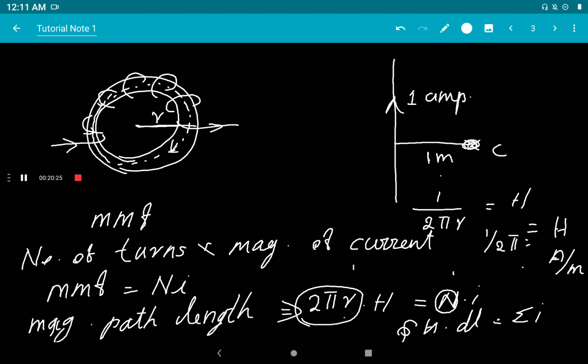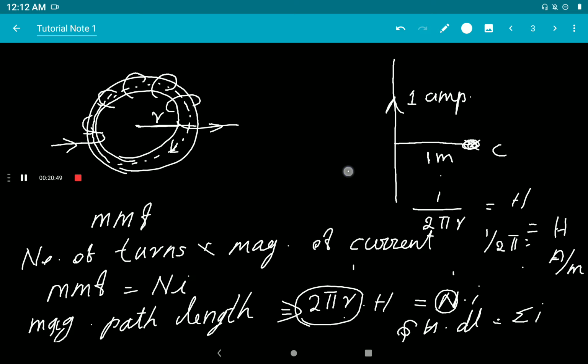The return path of the current is far away from this point, so we are not considering it. So the number of conductors N is 1, and R, the distance, is also 1. So h is equal to 1 by 2 pi ampere per turn.